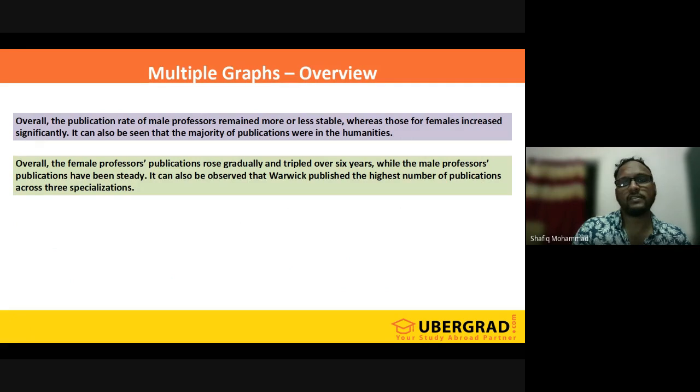So that is what he's saying without using any numbers or digits or years. He has just given the illustration overview like this. Okay. Then it is also seen that the majority of publications were in humanities.